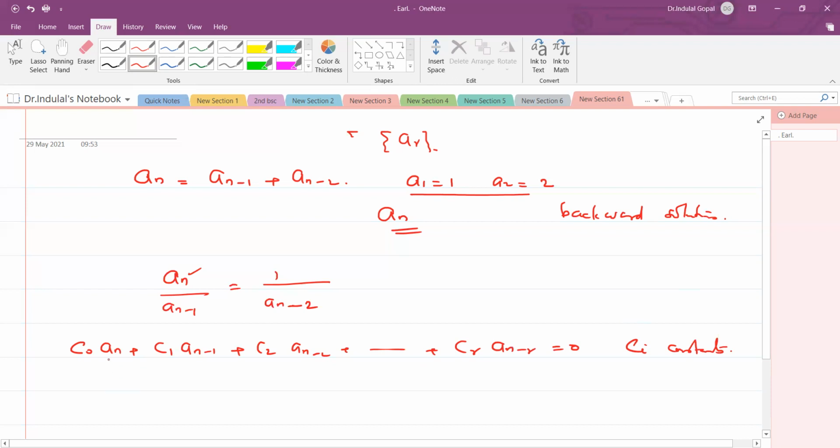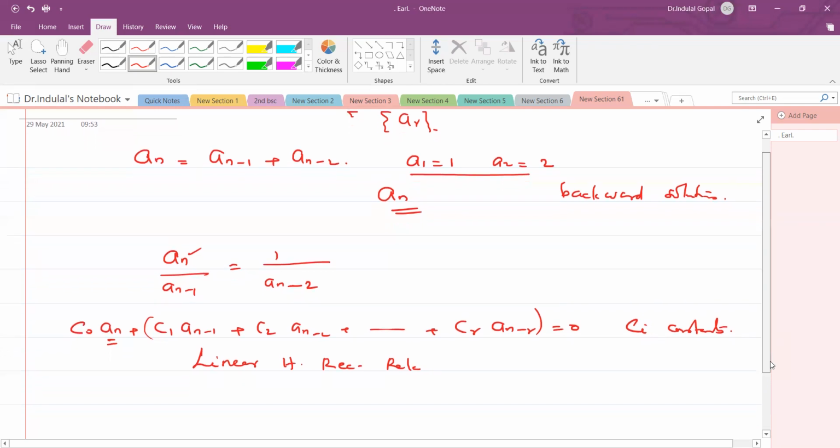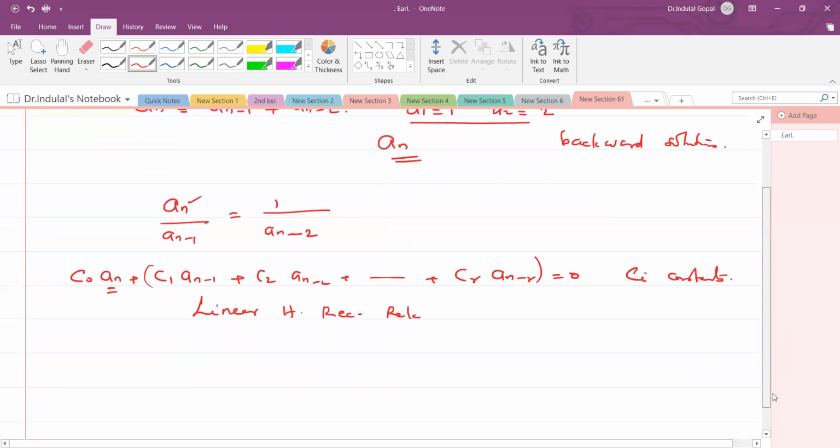And this is also a recurrence relation because an is given in terms of the previous terms. A recurrence relation of this form is known as a linear homogeneous recurrence relation, and we study here how to solve a linear homogeneous recurrence relation.